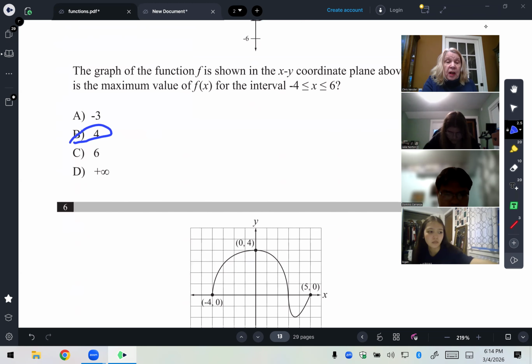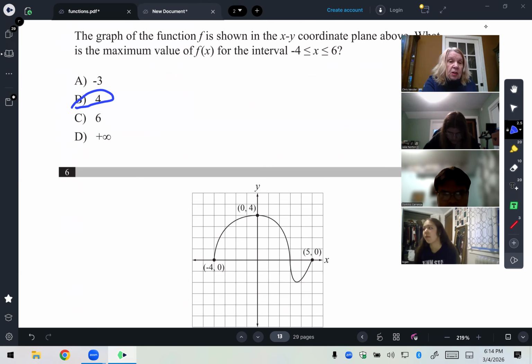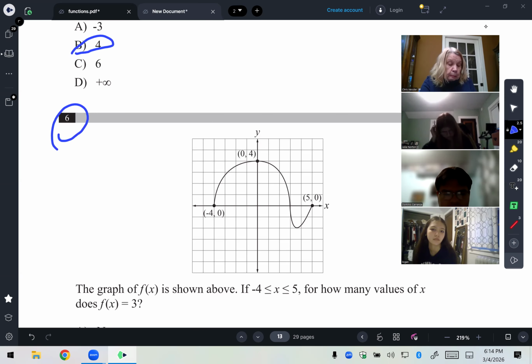Okay, the elephant problem. Let's look at number 6. The graph of f of x is shown above. So we're going for this whole thing. How many? So this is really y equals 3.